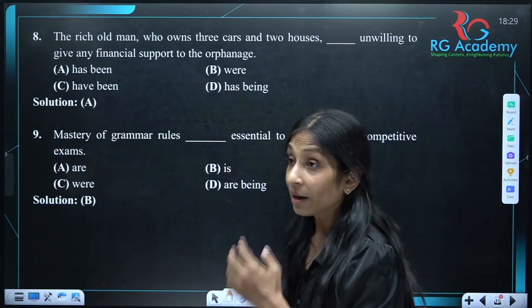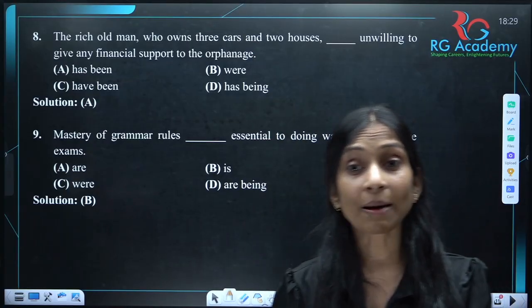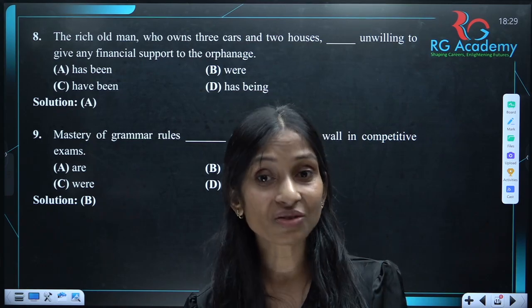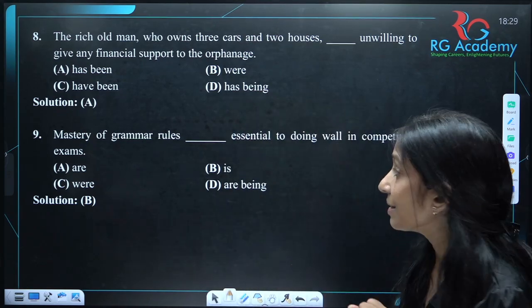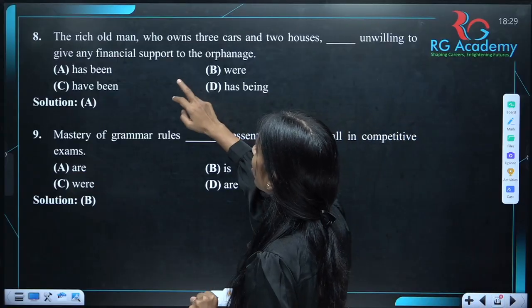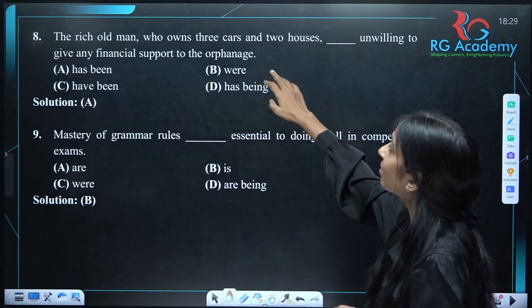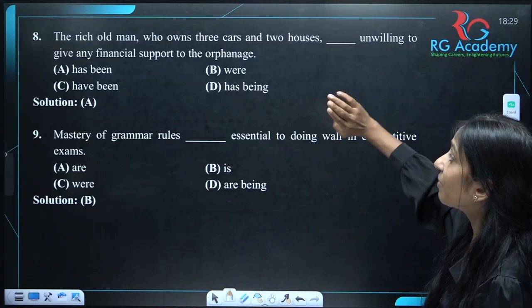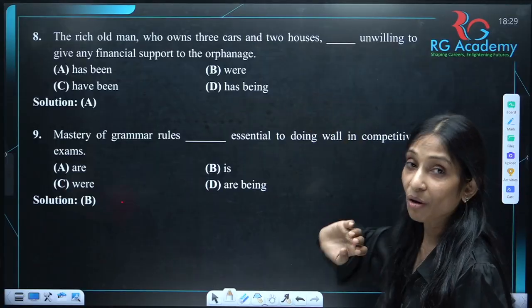Here we are going to discuss some subject-verb agreement topic and questions related to that topic. Let us see the question. The rich old man who owns 3 cars and 2 houses dash unwilling to give any financial support to the orphanage.